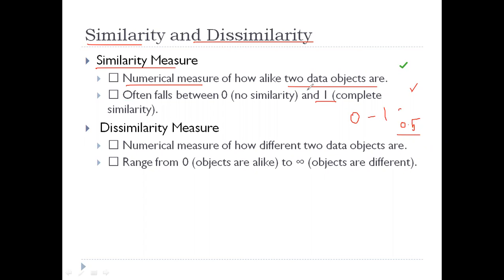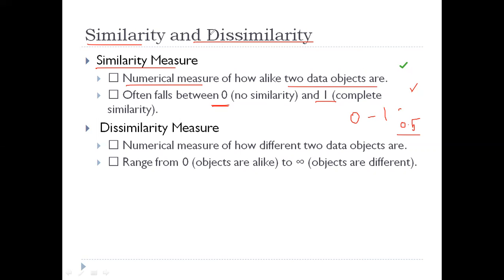So like this, we are going to measure the similarity between two data objects, how similar they are to one another. The representation falls between 0 and 1. If it is 0, there is no similarity between the two. If it is 1, they are alike 100%, which means both are 100% similar.